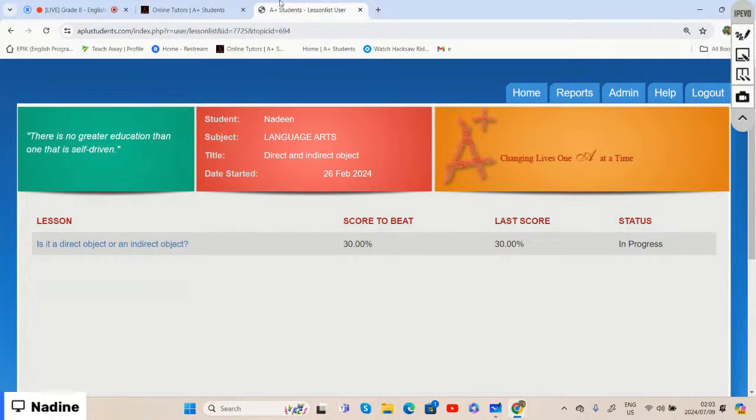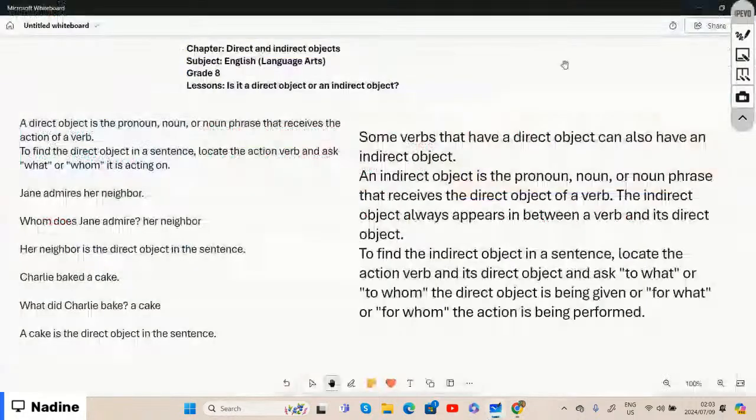All right. Our chapter is direct and indirect objects. Our subject is English Language Arts, grade 8.